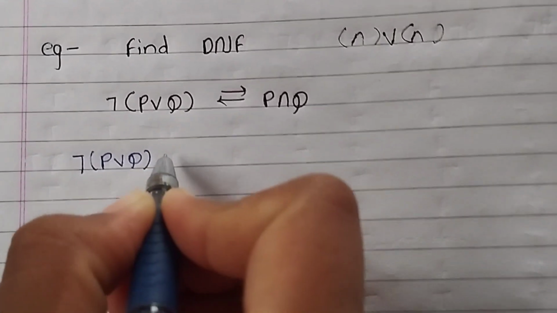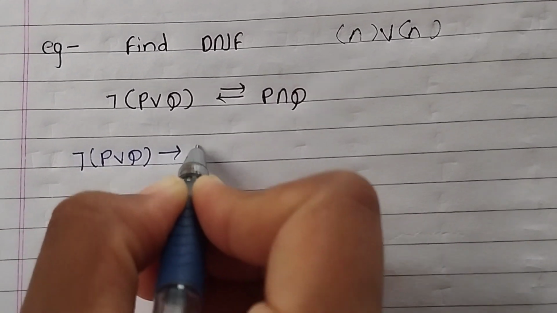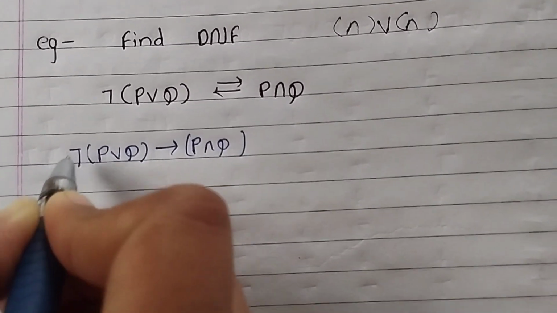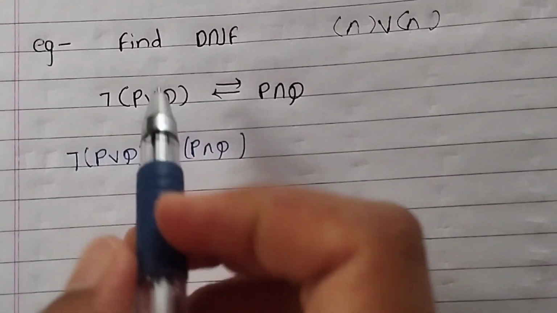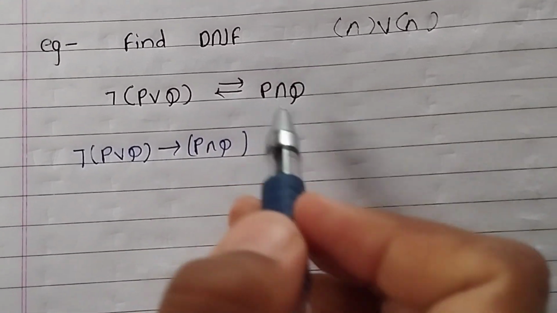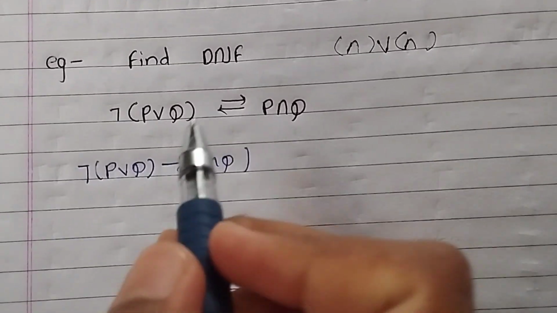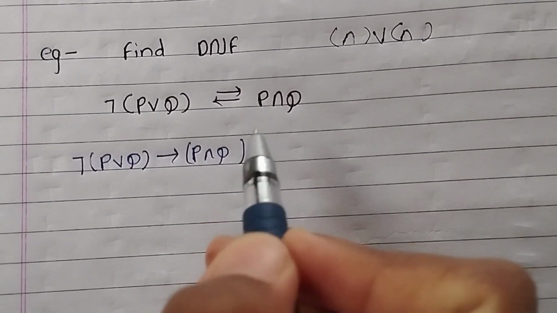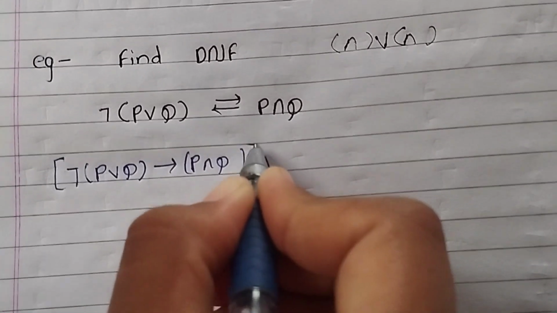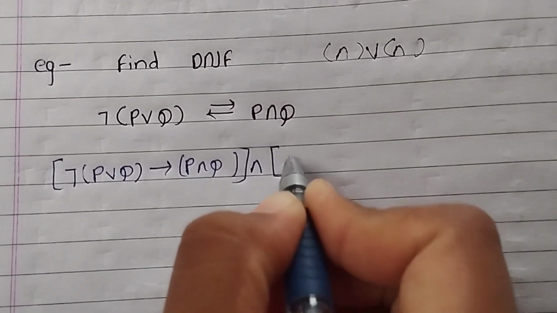Q conditional P and Q. We know the biconditional law. Suppose the whole bracket is P and this whole bracket is Q. Then P biconditional with Q means P conditional with Q and Q conditional with P. This is the biconditional law which we know.